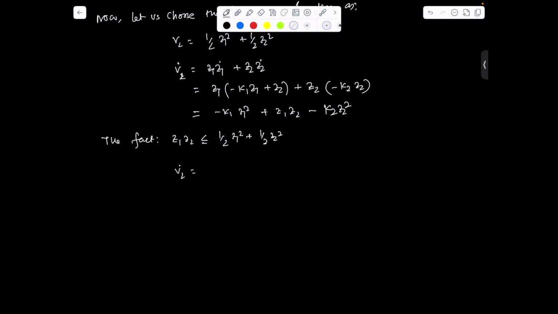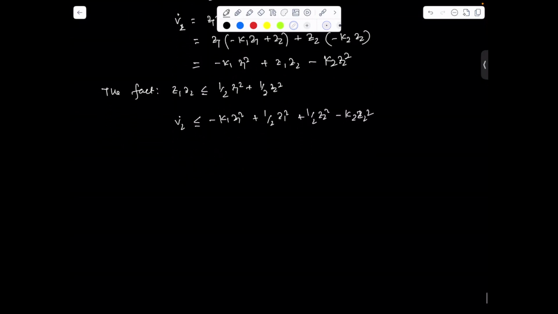we can write V2 dot, it is not equal to, we have to now use less than or equal to, because we are going to substitute this term. So we can write minus K1 G1 square plus half G1 square plus half G2 square minus K2 G2 square. And from this again we can write minus (K1 minus half) G1 square minus (K2 minus half) G2 square.